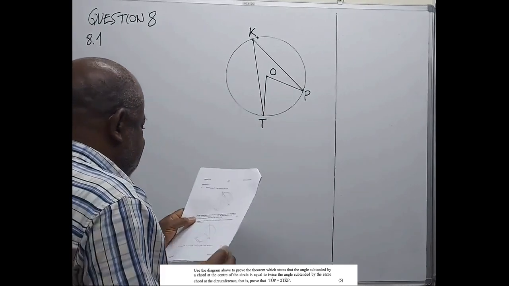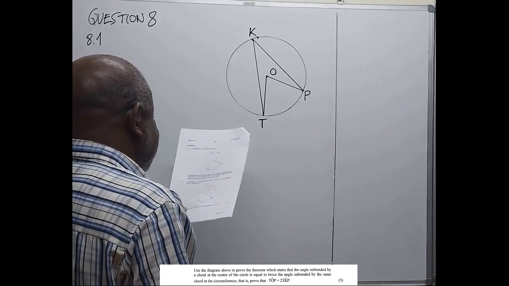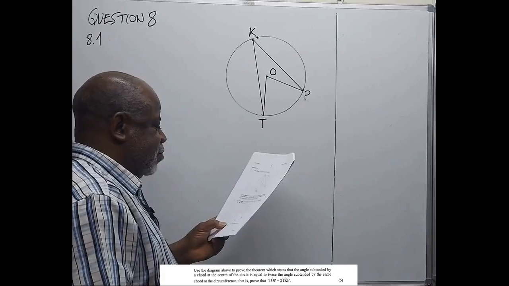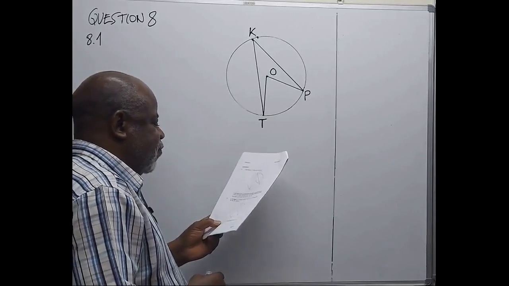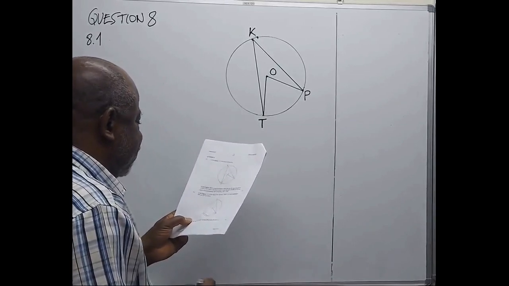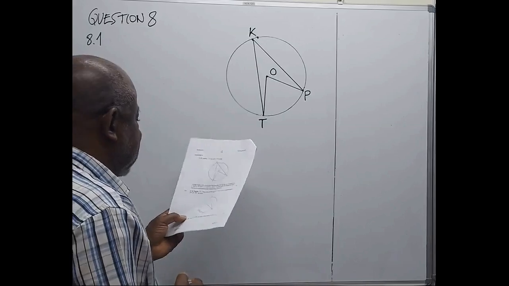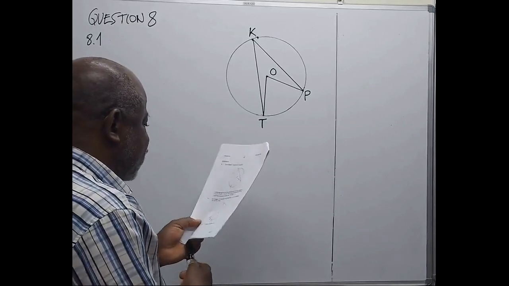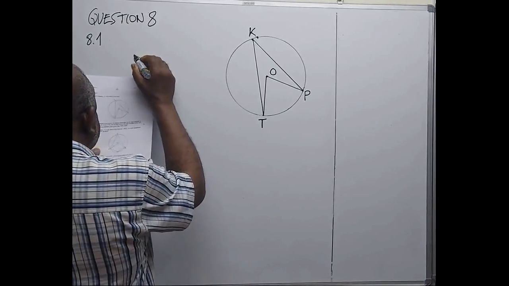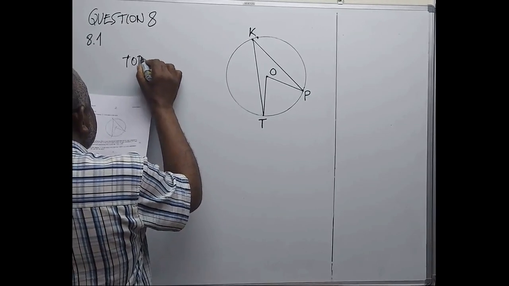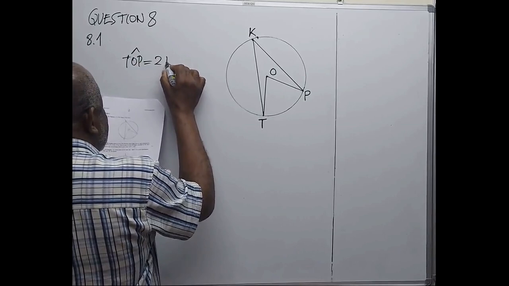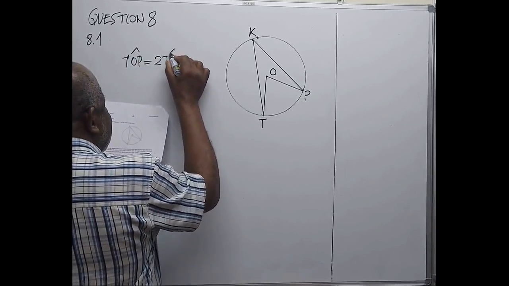Use the diagram above to prove the theorem which states that the angle subtended by a chord at the center of the circle is equal to twice the angle subtended by the same chord at the circumference. So this is practically the question. They want us to prove that TOP is equal to 2TKP.